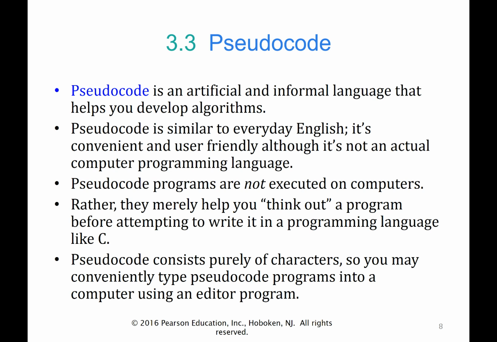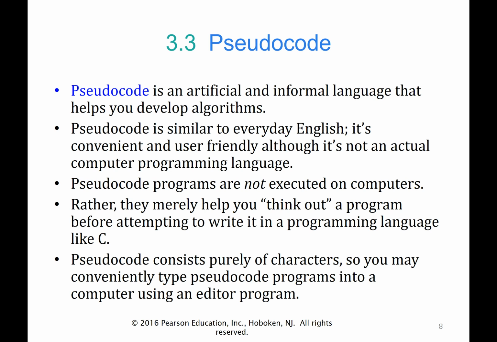Pseudocode, getting back to my slides, and I'm almost completely there, the slides are plugged in. This slide says pseudocode is similar to everyday English. You can write pseudocode in whatever language you want. If Mandarin is your language of thinking, then you use Mandarin. If Malay is your language, then you use Malay. If it's English, that too. But you write it in a series of steps that make sense to you.